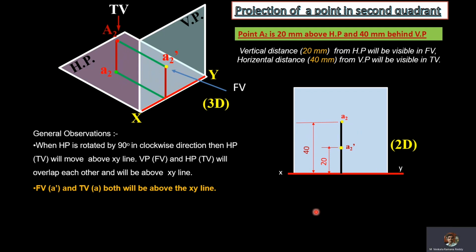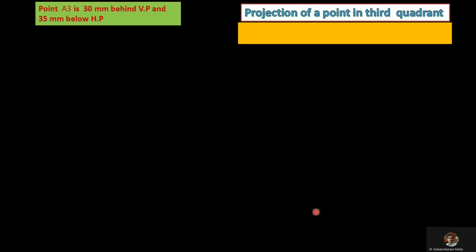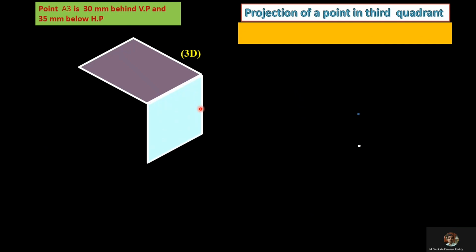Now we'll move towards the projection of a point in the third quadrant. Point A3 is 30 mm behind VP and 35 mm below HP. It indicates the point is in the third quadrant. This is HP and this is VP.